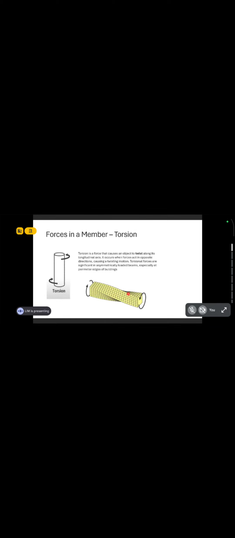What that means is, when a beam goes into bending, when a beam goes into bending, do I have an example? I thought I included an example of this.